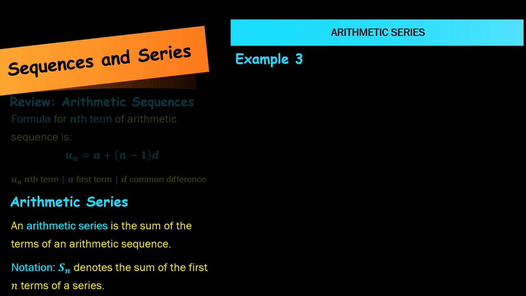Let's now take a look at another example. We're going to prove that the sum of the first 75 natural numbers is 2,850.